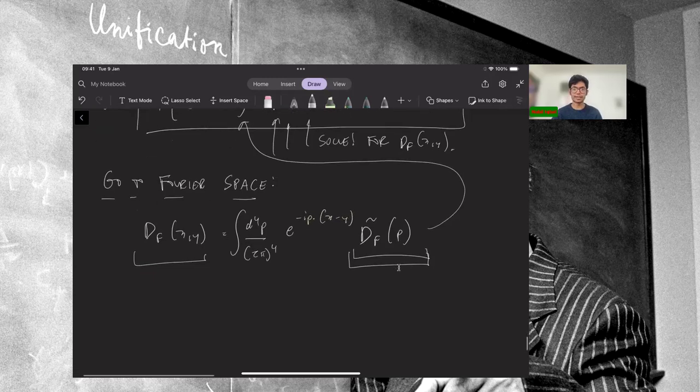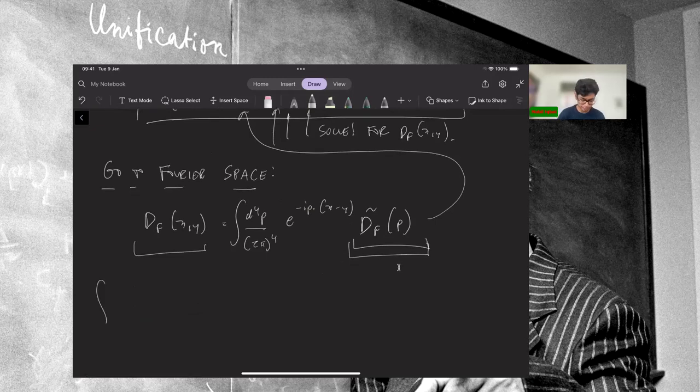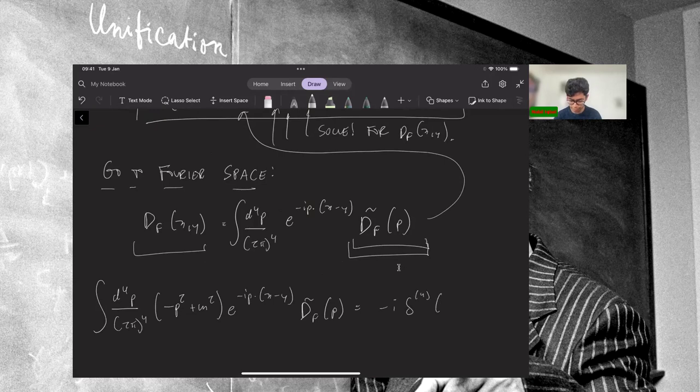And what we find after a tiny bit of algebra is the integral d^4p over (2π)^4 times (−p² + m²) e^{−ip(x−y)} times D_F tilde of p equals −i δ⁴(x−y).